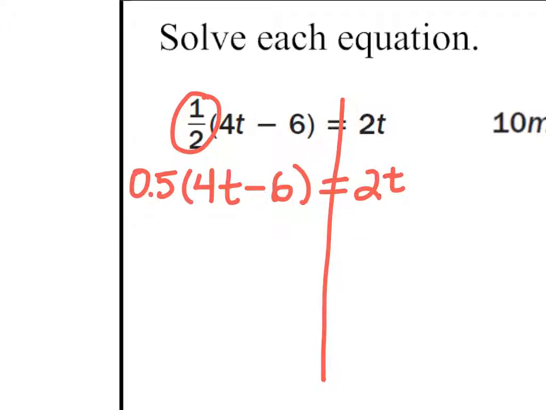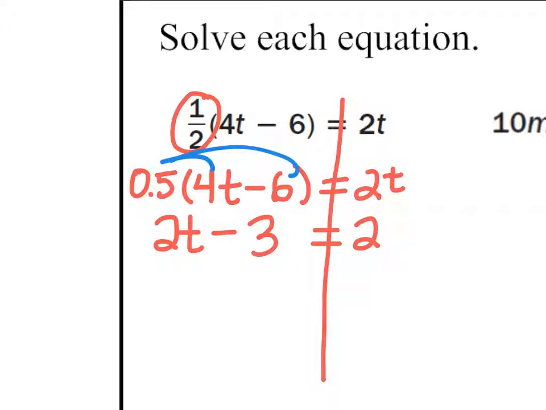Okay, now I'm going to distribute the 0.5, so I'm taking half of 4t, which would have to be 2t, and I'm taking half of negative 6, which would be negative 3. And we bring down the 2t, because it hasn't changed, and there's nothing to simplify.